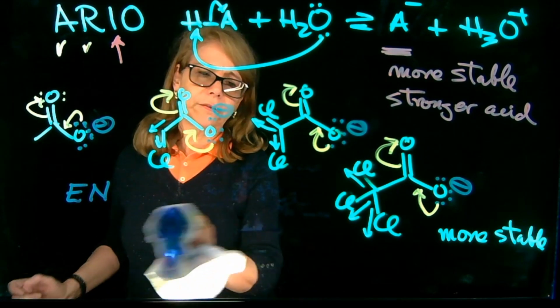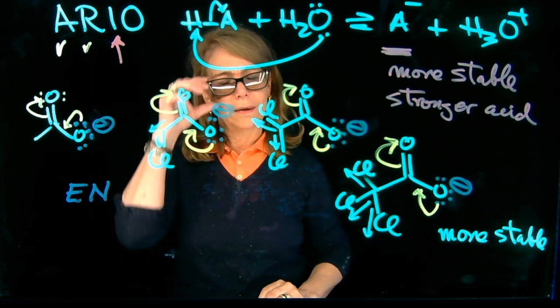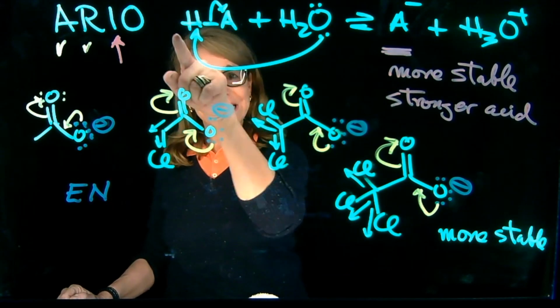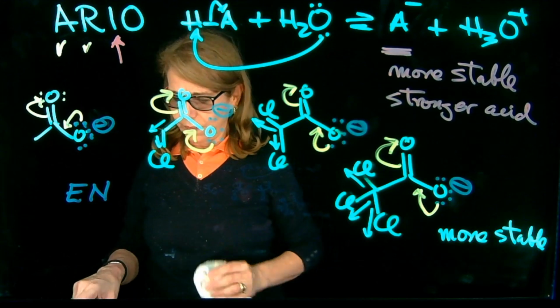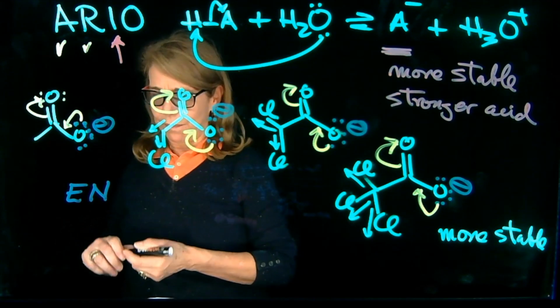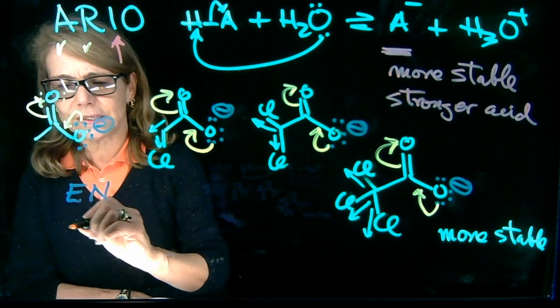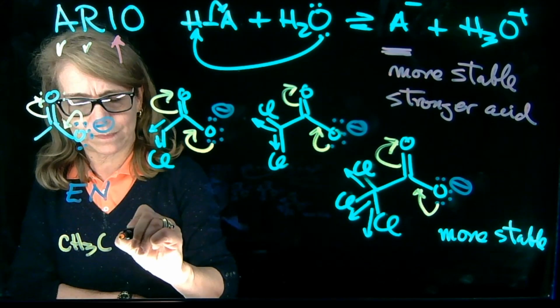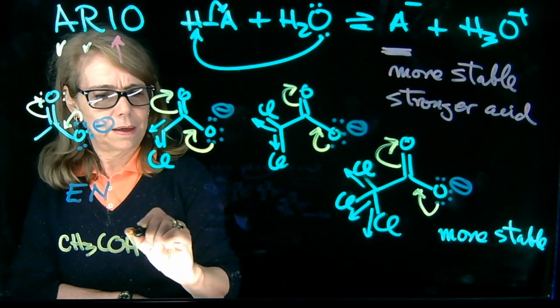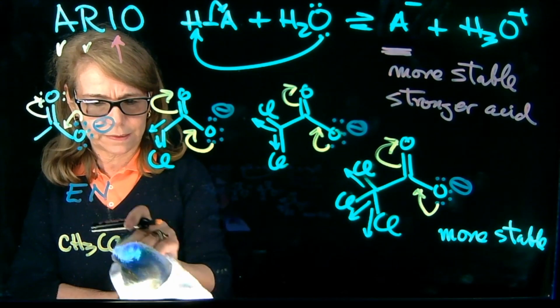And the second strongest will be dichloroacetic acid, because this anion is also stable, and so on. So I am predicting then that the order of acidity is the following. So acetic acid, let's do it.